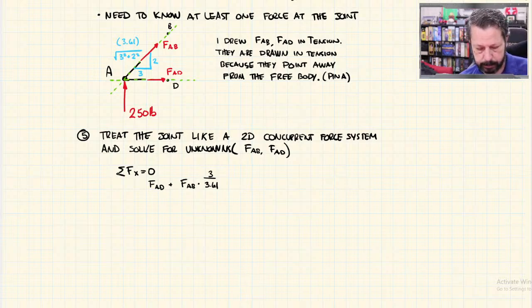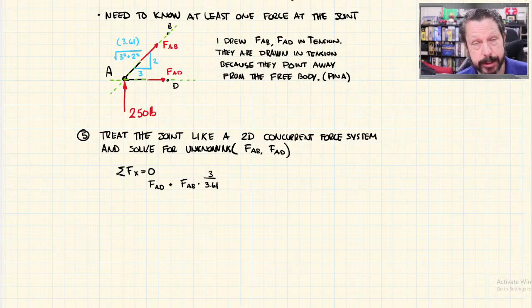What is that angle? Inverse tangent, whoops, no, not that. Inverse tangent of 2 over 3. 33.69, so 33.7 degrees. You could do FAB times cosine of 33.7 degrees. That would be the same thing as 3 over 3.61 times FAB.